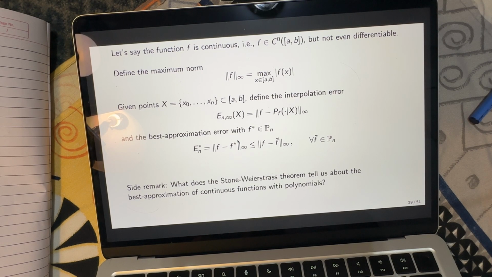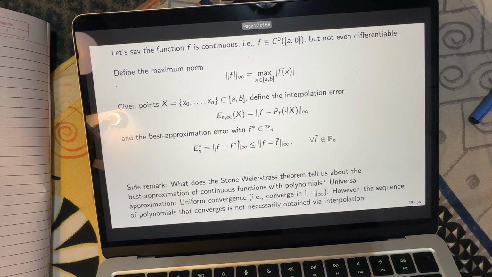Error infinity is f minus pf. What is en star? Oh, the best approximation error with f star is going to be less than what we have. Universal approximation, uniform convergence, that is converges in infinity norm.